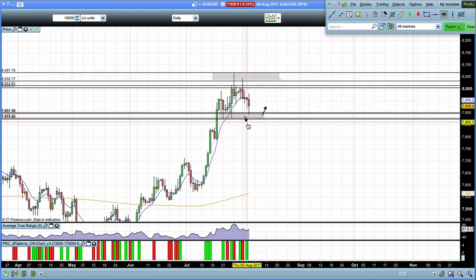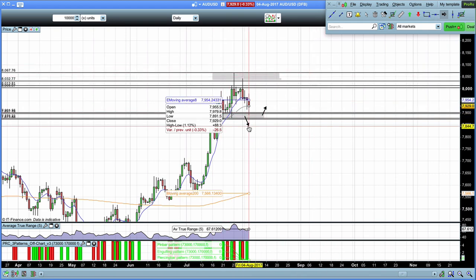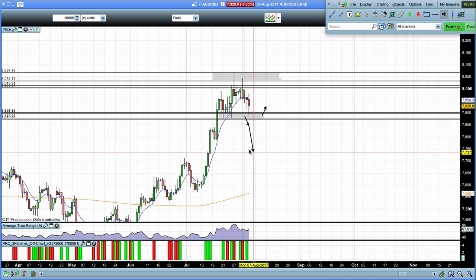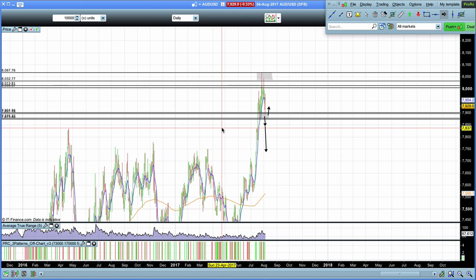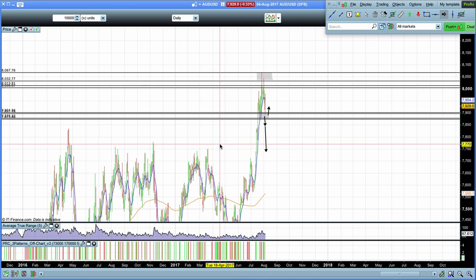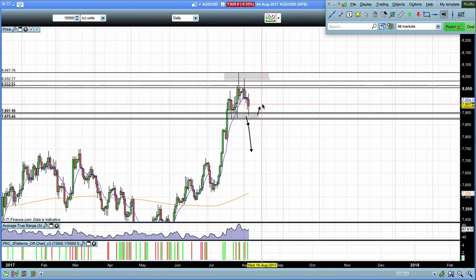If we start to break below these levels, then it is opening up the correction on the Australian dollar. We have support at 7,840. However, really we'd be looking for a move down into 7,770 and 7,750 at a minimum.